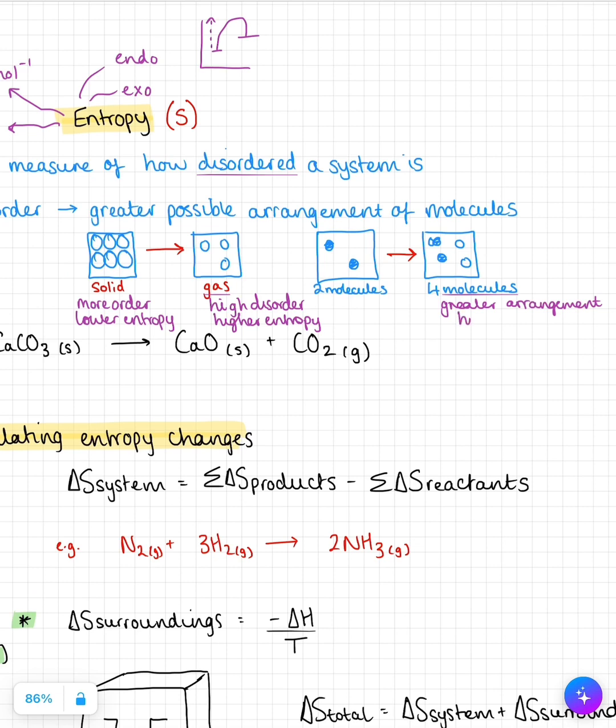Therefore, much higher entropy, more chaos. A greater number of molecules will give us a higher entropy. Now, an increase in entropy, a higher entropy, means that we are more energetically stable.